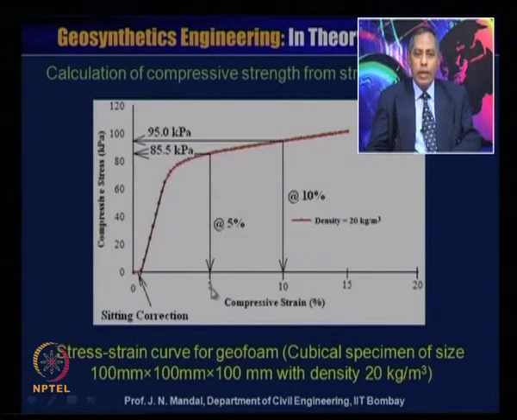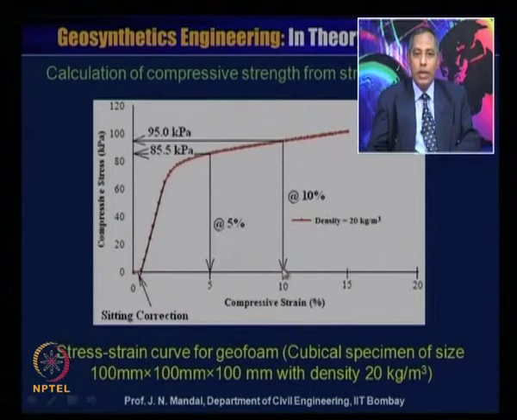So, you can calculate what the compressive stress is at 5% strain. From the x axis, when the compressive strain is 5%, you move up and then move horizontally, and you meet the compressive stress value of about 85.5 kilopascal. Now, you can also calculate it for 10% compressive strain.